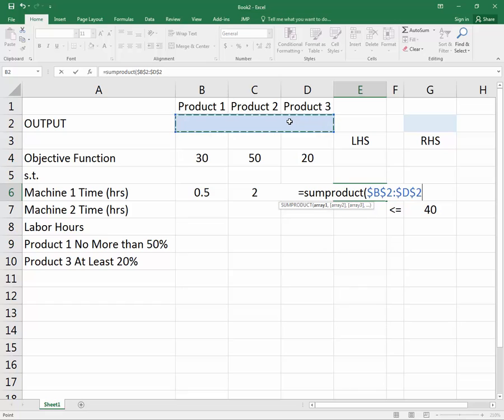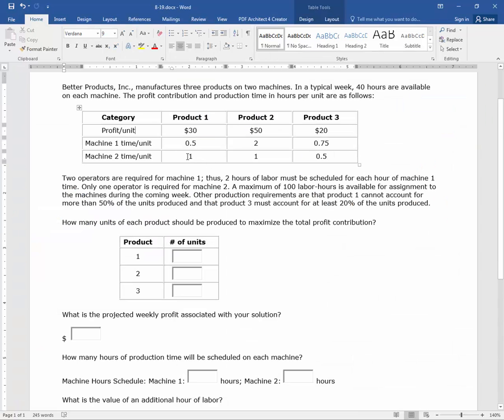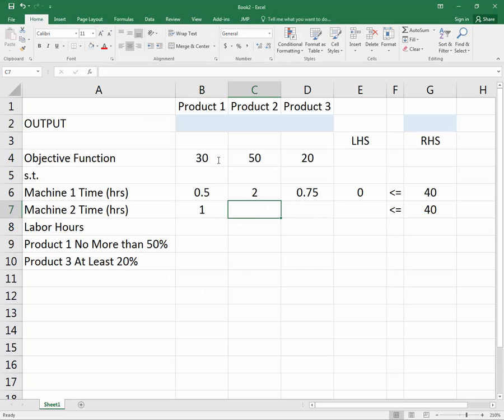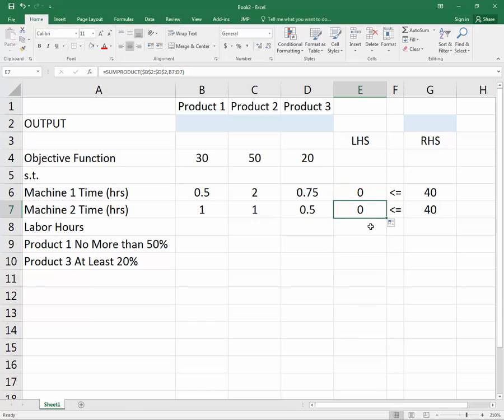Anchor that, make it absolute reference with those coefficients in row 6. So obviously right now it's 0 because these are blank up in the decision variables. Machine 2 time, again we can read straight from the table. We have 1, 1, and 0.5. And then I want to copy that down, and it should have done it properly, which it did.